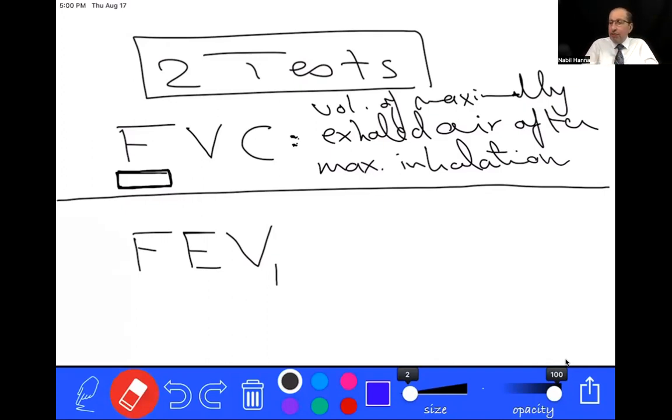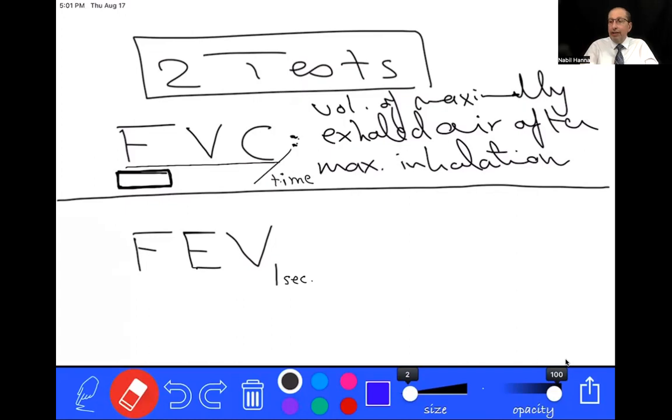Okay, what's the forced expiratory volume in 1 second? This one means 1 second. How do we calculate it? Simple. As we collect the forced vital capacity volume, we calculate the time. How many seconds you take to exhale maximally following maximal inhalation?